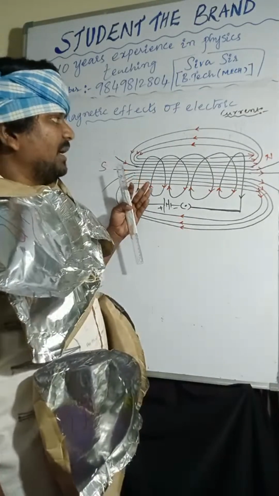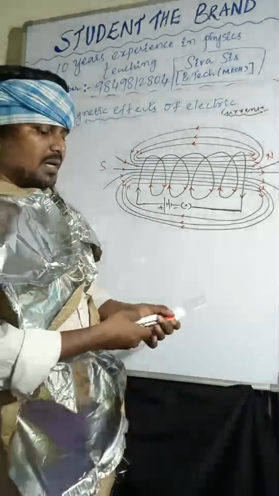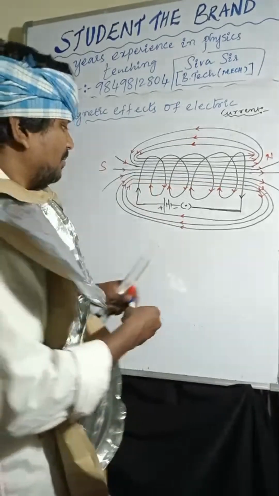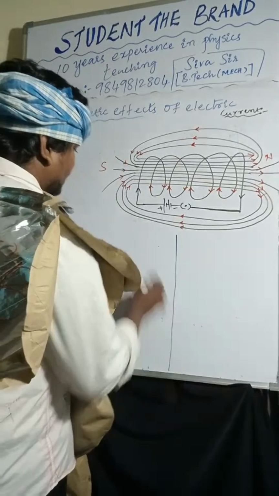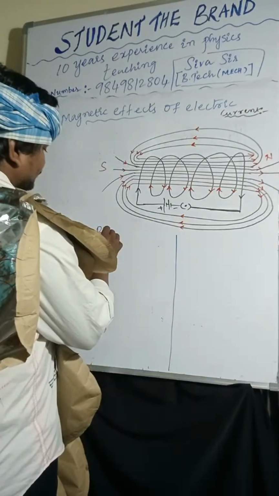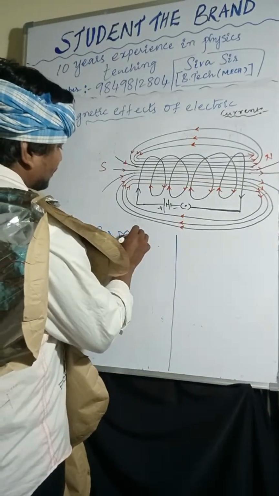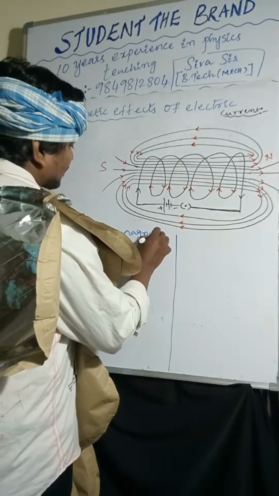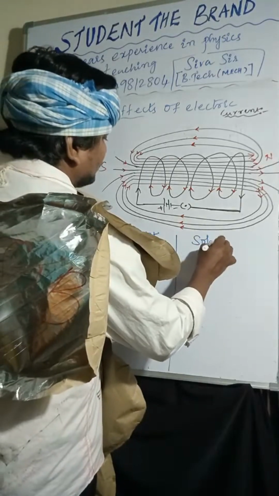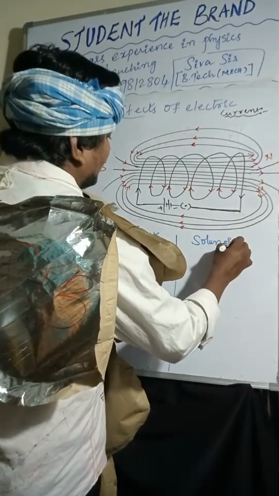Here the point is, one thing you can understand in a bar magnet. This is a bar magnet, and here is a solenoid.